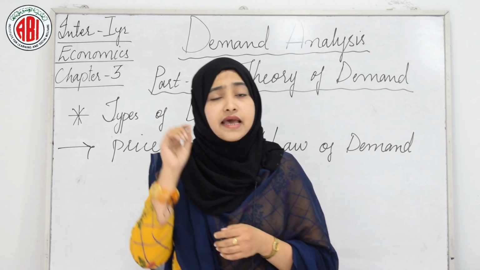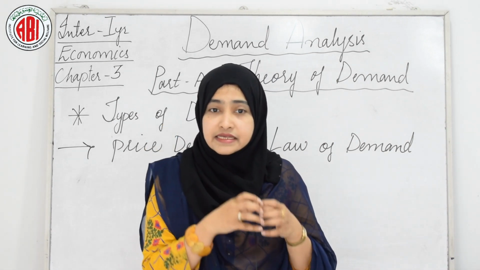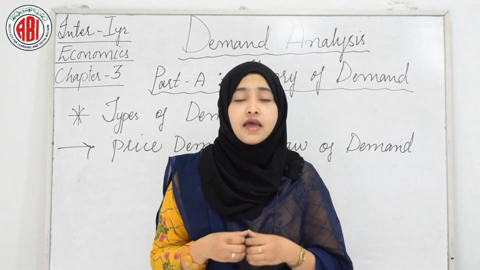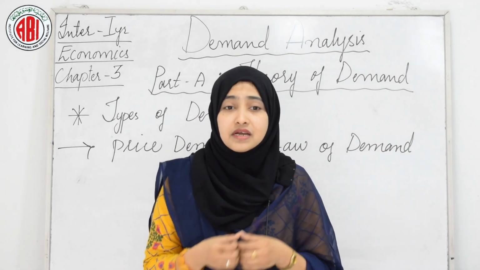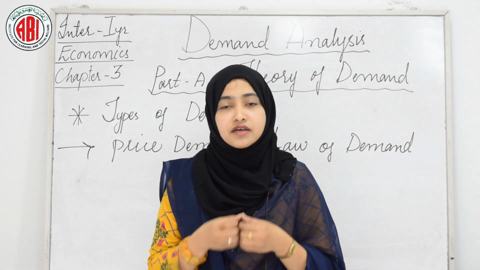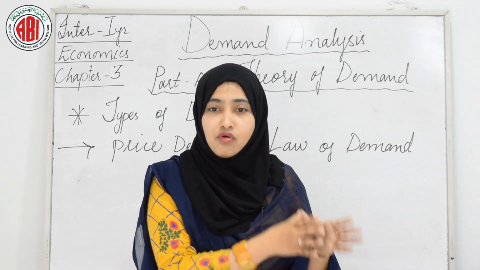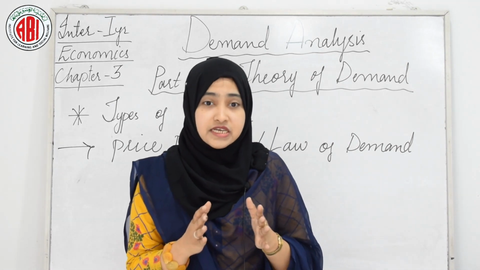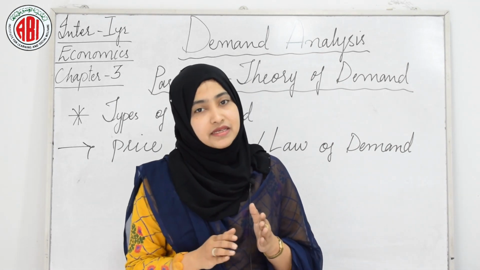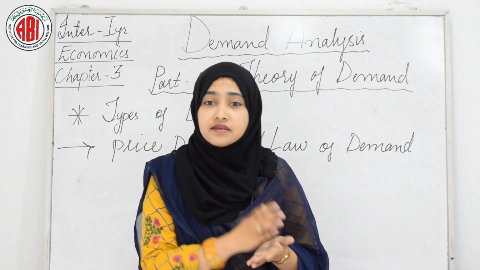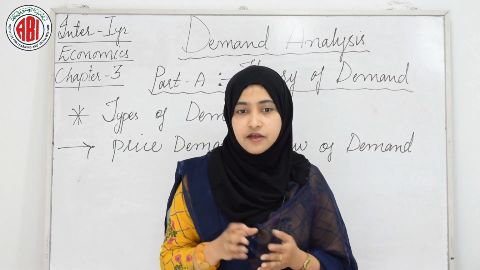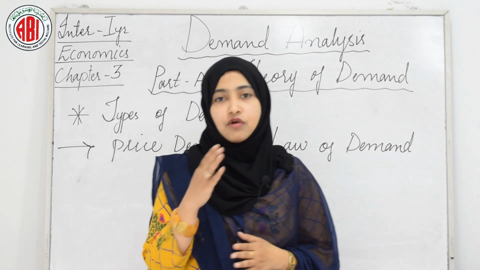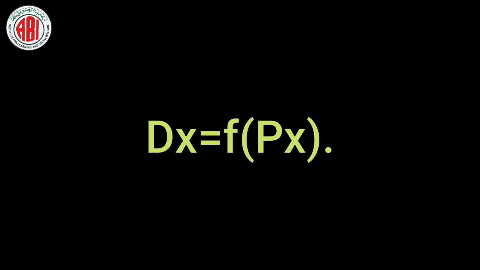It is assumed that other things such as consumers' income, prices of substitutes and complementaries, taste and preferences of the consumer, etc. remain constant. So the quantity demanded of a particular commodity depends on its price, other things remaining constant. Get it here? The law of price demand can be expressed in this form. See this.